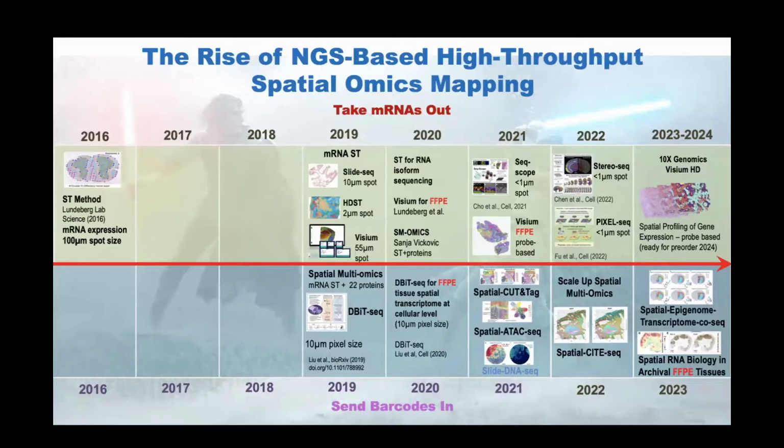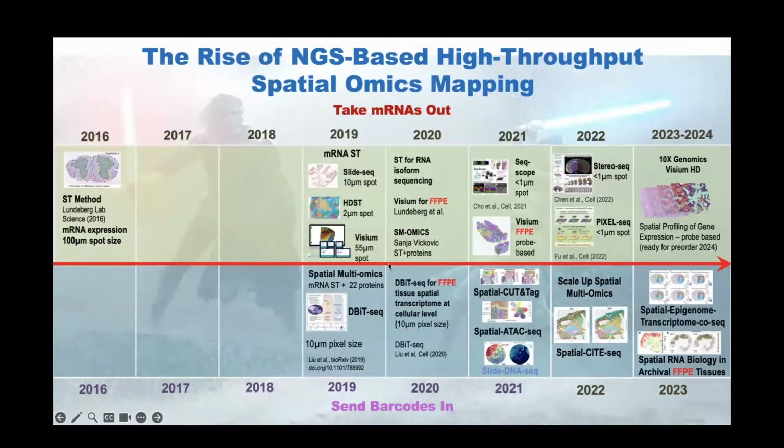Each spot of the microarray has a unique sequence to encode the spatial address, such that when you synthesize the cDNA, you incorporate the spatial address code into the cDNA. And when you do paired-end sequencing, you read out the address code and what that gene is. That's the fundamental principle of this spatially encoded whole transcriptome sequencing.